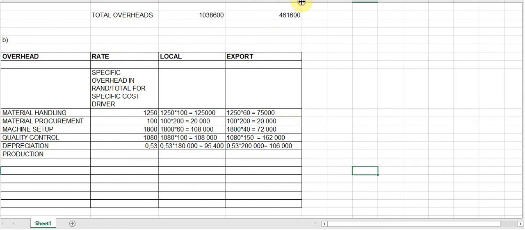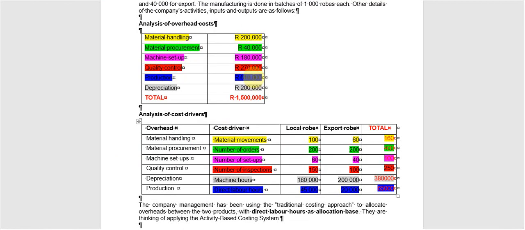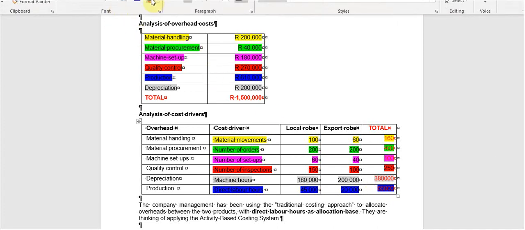All right, we are on the last one, which is the production cost. For the production cost, if we go back to the question, it was the one in the blue. It was 610,000 rand in total, and the cost driver was the direct labor hours. The direct labor hours was a total of 65,000. I'm just going to put that one back in black so that you can read properly. So it was 45,000 and 20,000 there.